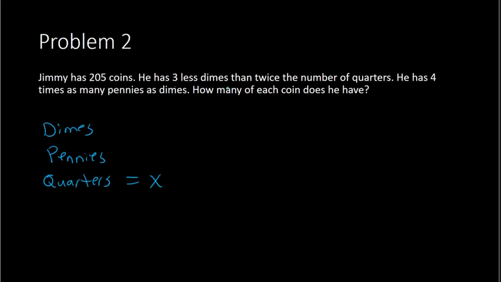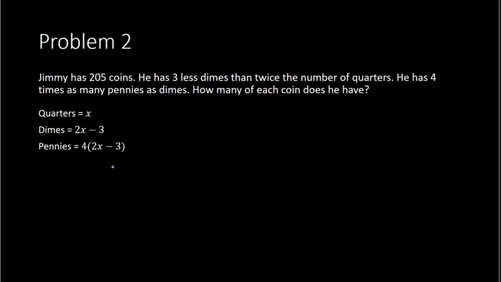So 3 less dimes than twice the number of quarters means we take twice the number of quarters, so 2 times x, and then take 3 less than that, so minus 3. So the dimes would be 2x minus 3. And then it says he has 4 times as many pennies as dimes. So if I take the number of dimes, 2x minus 3, and multiply by 4, that is the number of pennies that I have.